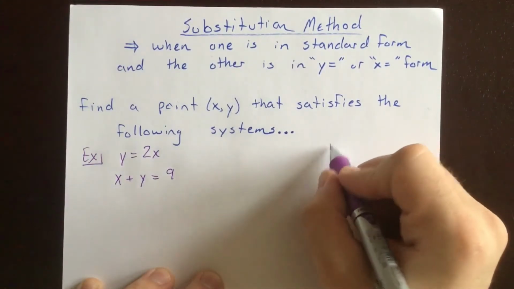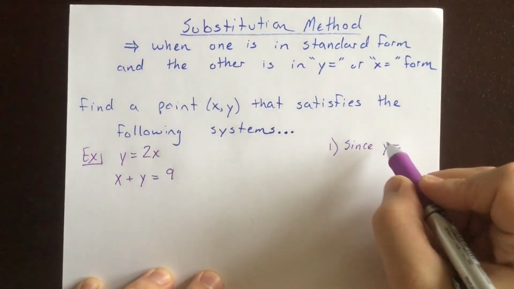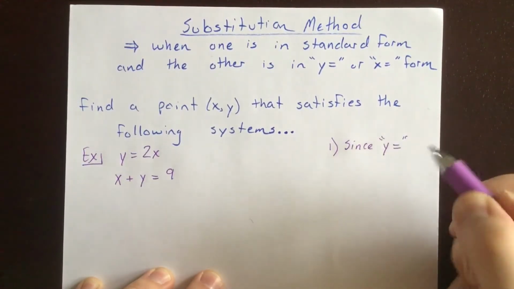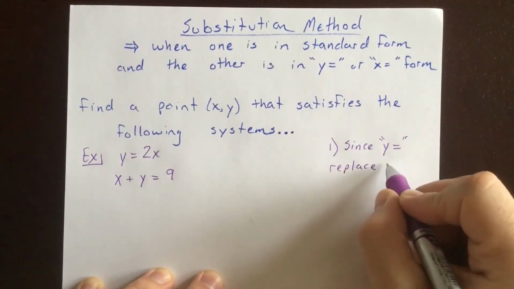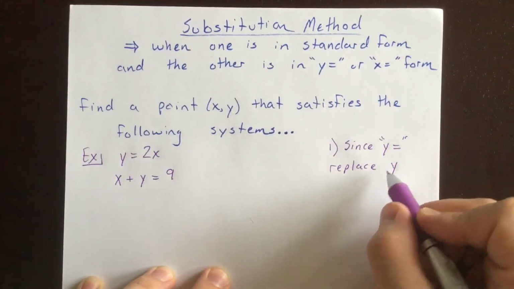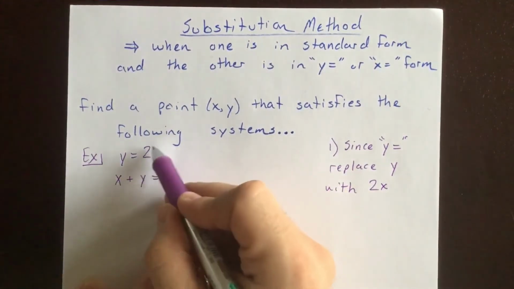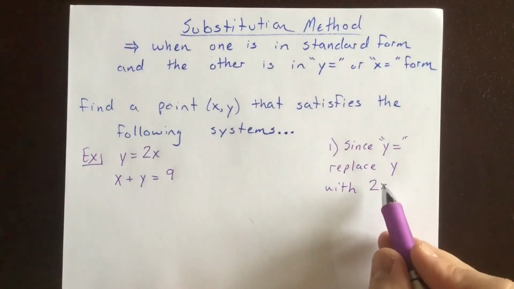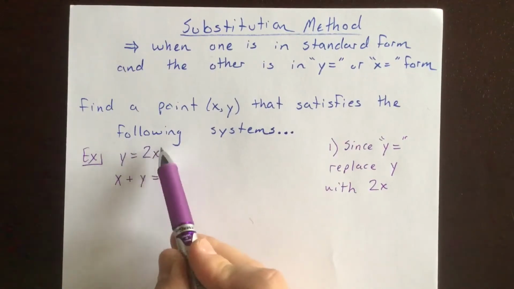So step one. Since we have y equals, we are going to replace y in the standard form equation. We're going to replace y with 2x. That's not always going to be 2x, it's going to be whatever y equals.